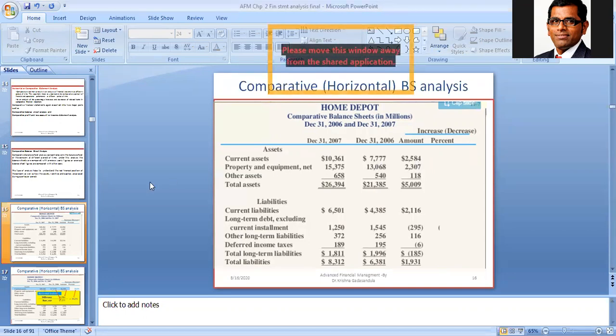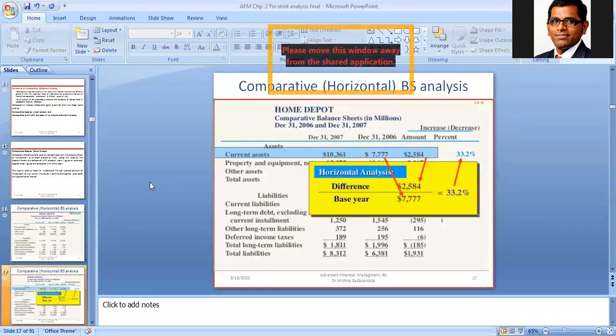We'll see one by one how this percentage is calculated in horizontal analysis. What is the difference amount? What is the difference between 2007 and 2006?